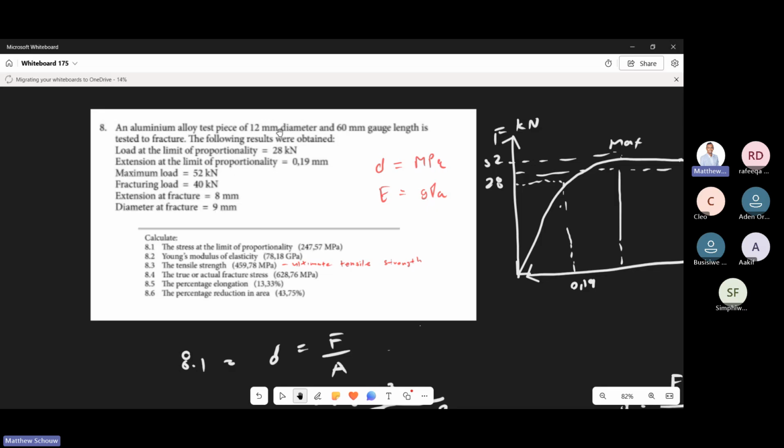We don't use the 12 mil now. So now you must use the 40. You must find a new area at 9 mil. Is that clear to everyone? That will be your fracturing stress. You guys got it? So it's the same calculation, force over area. Yes, sir. But just different values. Quickly do that for me.